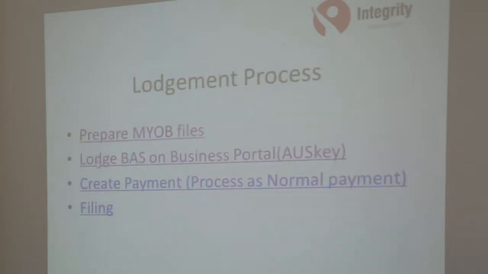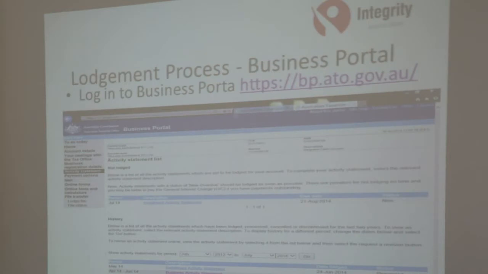And then the second step is we launch the BAS on the business portal. This is the website we are going to launch. And when we log in, it will show like this. Here is the activity statement. You click on it.